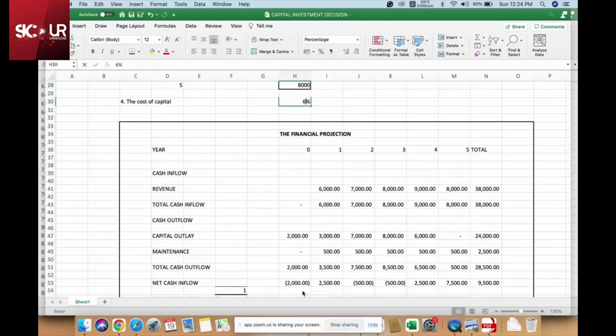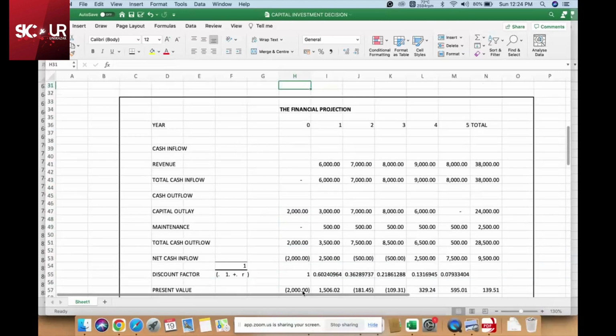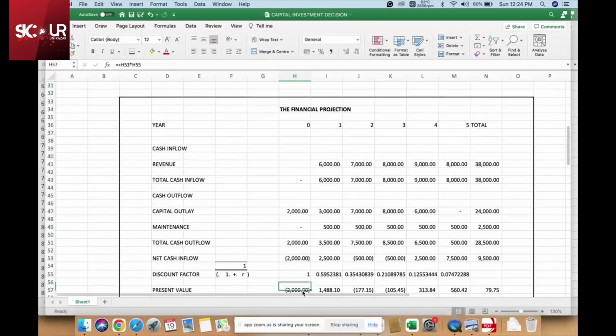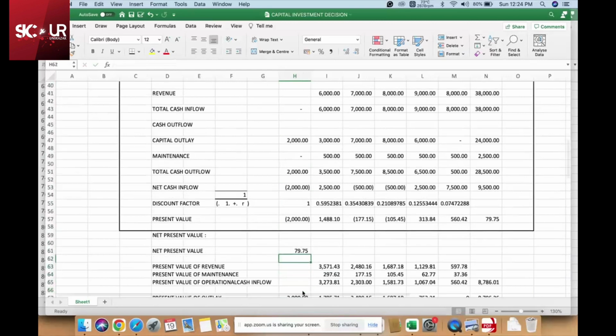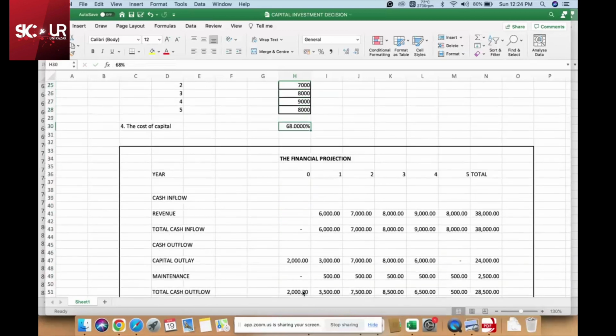Let's try 66%. At 66%, it is still positive, 139,000. So we change again, 68%. At 68%, it is 79,000. Still positive, but a smaller figure.